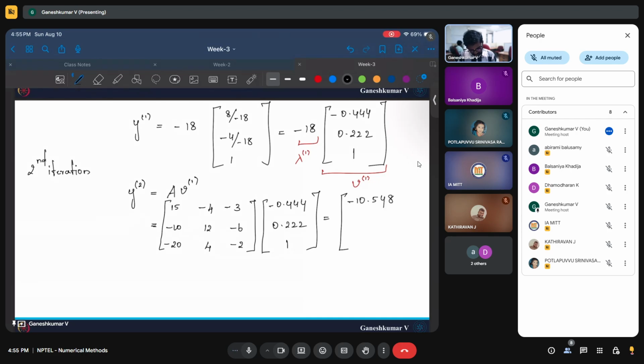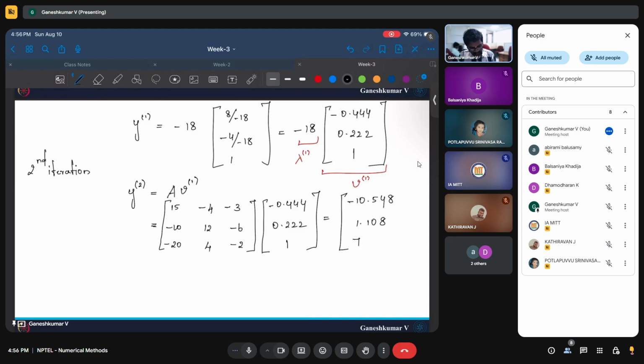Similarly, this is 4.444 plus 12 into 0.222 minus 6. This is 1.108 and minus 20. 20 times 0.444, 4 into 0.222 minus 2.